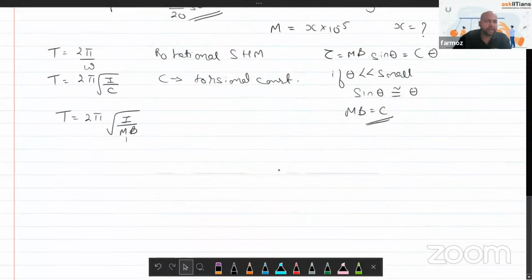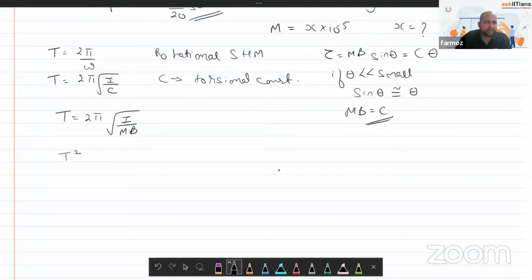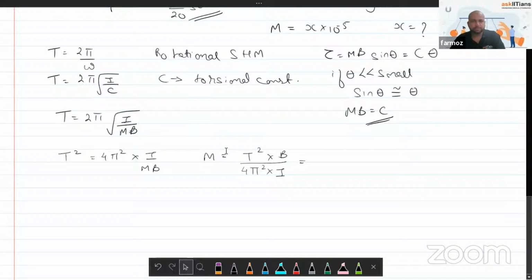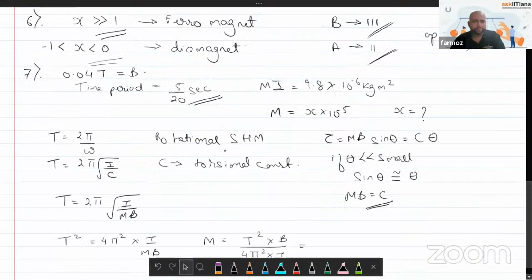So can I go like this, that T square is equal to 4 pi square into I by mgd, or m is equal to T square into b upon 4 pi square into I. And now the value of T is 5 by 20, that is 1 by 4.